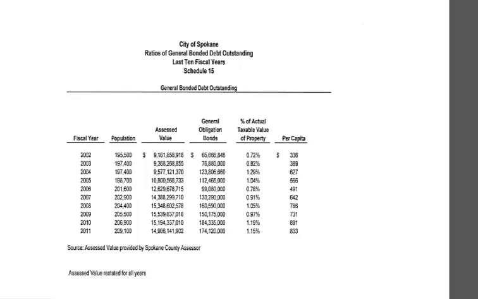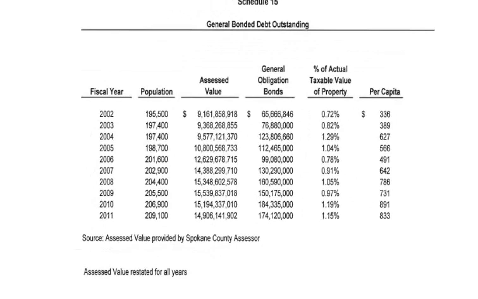For Spokane, population is found in Schedule 15 here, and for 2011, the city's population was 209,100. So now we have both the numerator and the denominator, and we can now calculate the first ratio for 2011.